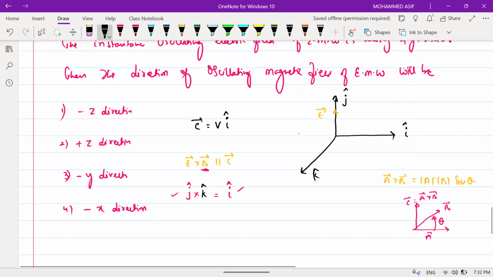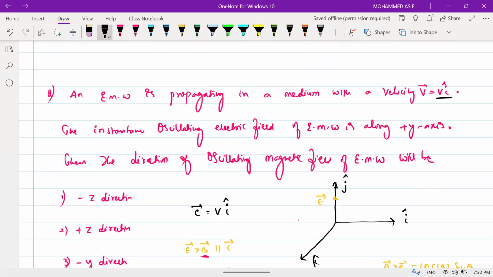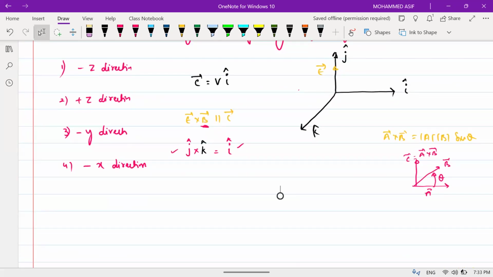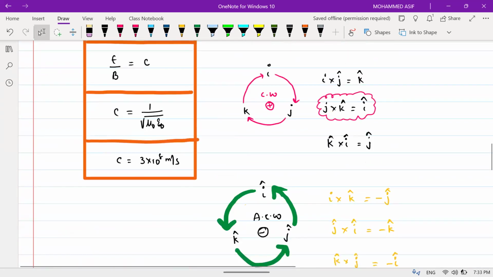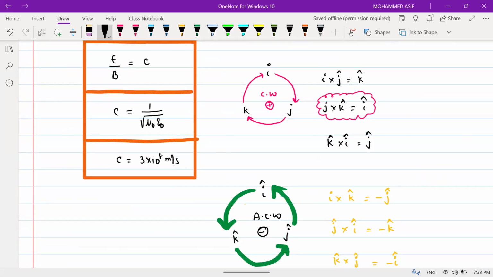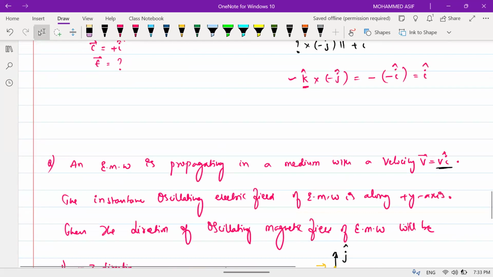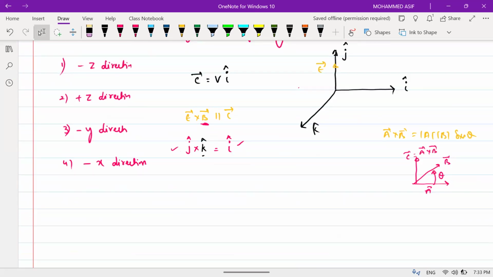Positive side. The speed of light is already given along the x-axis. Electric field is along the y-axis. What should be the direction of the magnetic field so that I'll be getting plus I? See here, I just told you. J cap cross K cap is giving plus I cap. That means the magnetic field should be in which direction? Positive Z direction. Am I clear?